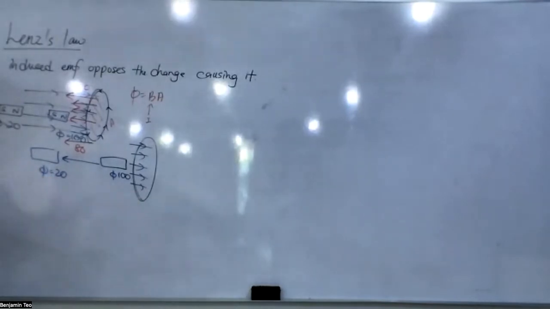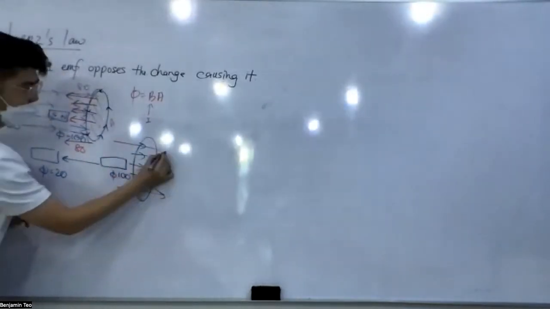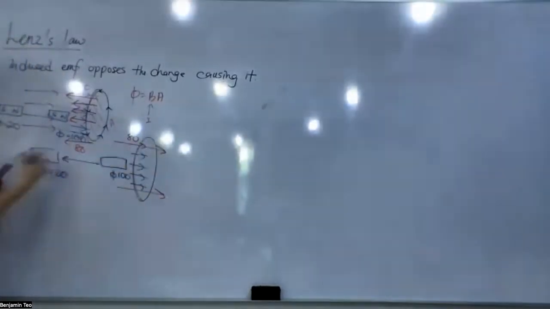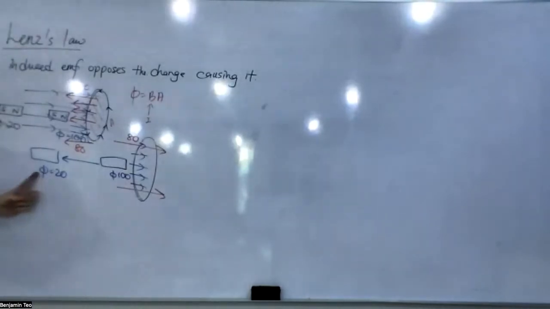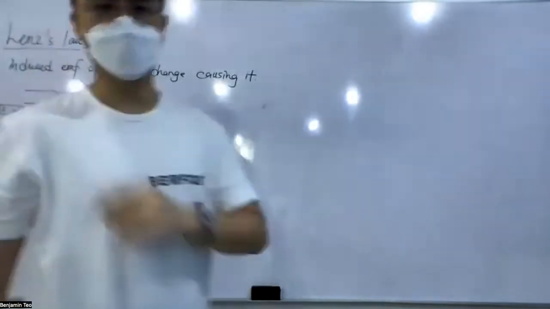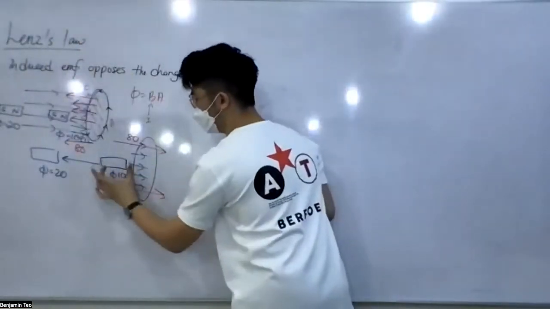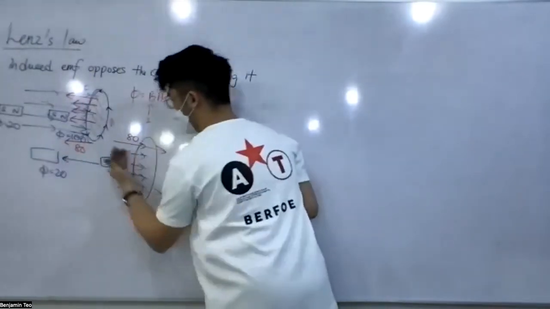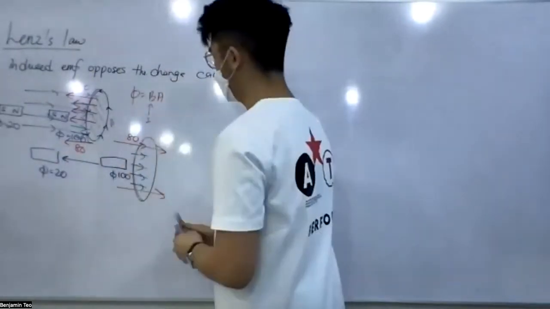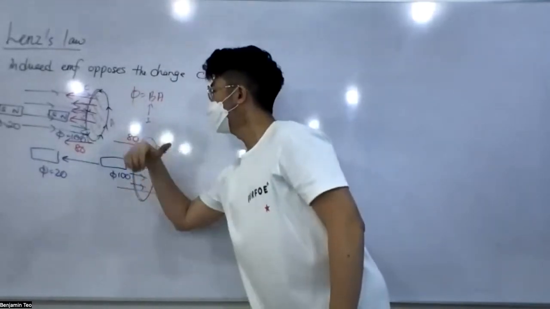What happened? It will create a flux again. It will create a flux in this direction, 80. So after I put it here, 20, it is still 100. Okay? It wants the flux to remain as 100. So when I put it back, it will create 80. Again, it creates the flux in this direction, then the current will flow in this direction.